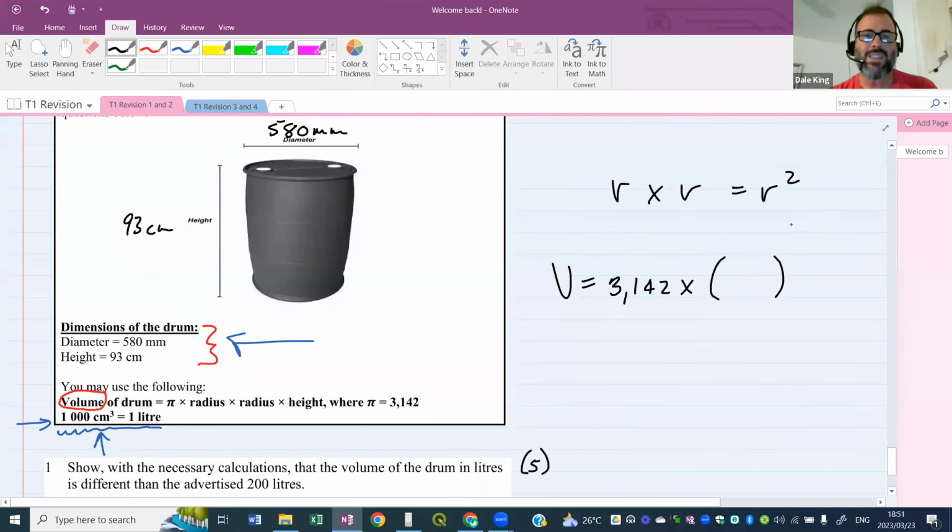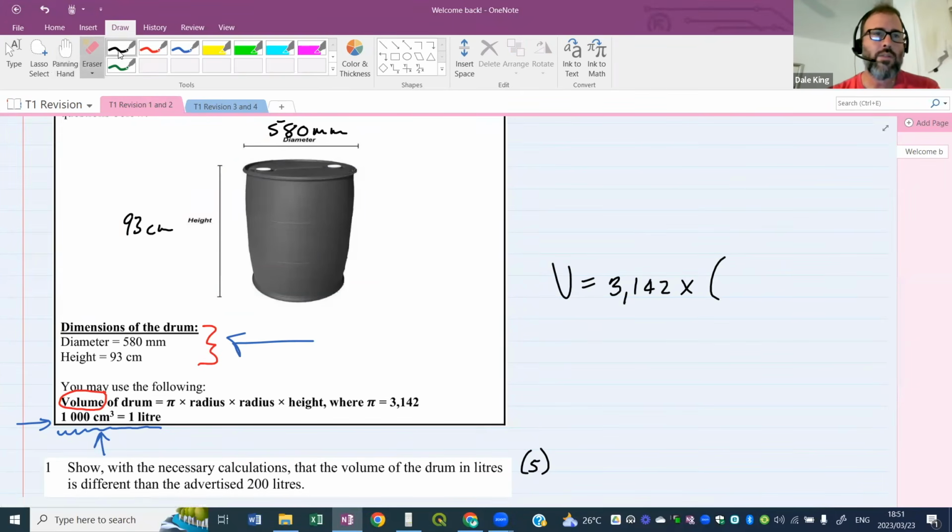Now, radius comes from diameter. I'm going to have to do a couple of things at once here. In fact, before all this, let's change this diameter.